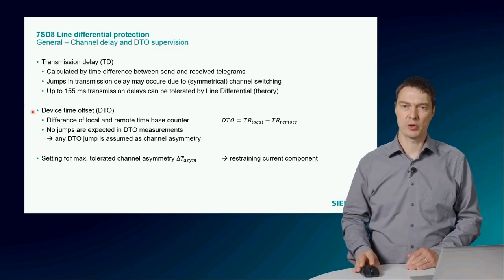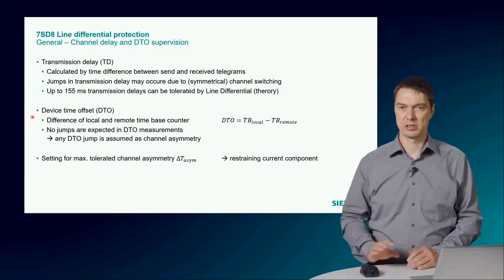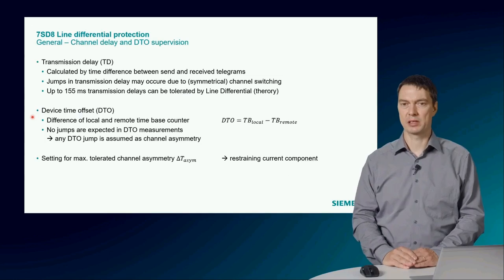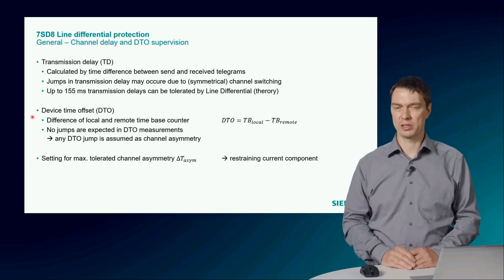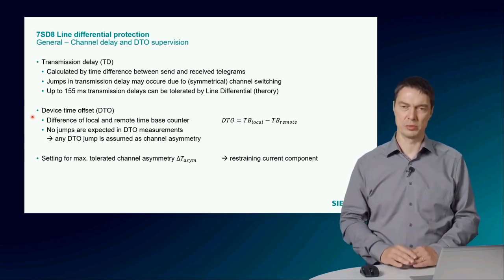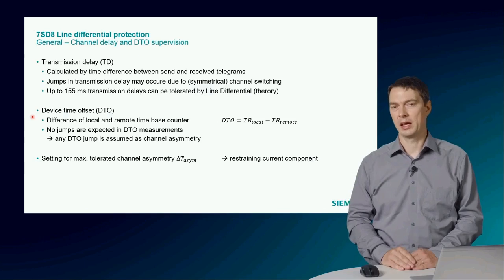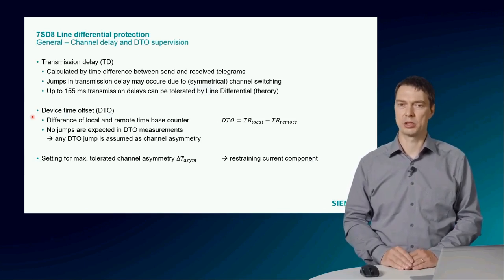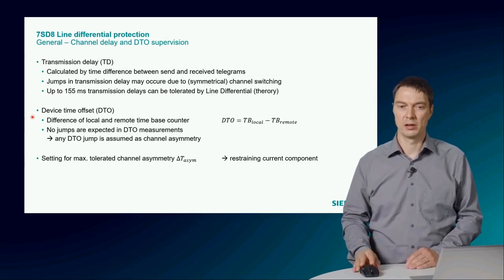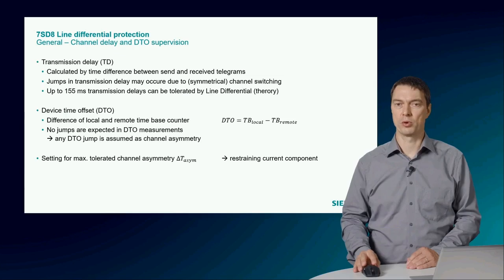The device time offset, DTO, as a difference of the time-based counters, is supervised also. Normally, we don't expect a jump in the device time offset because it's derived from the CPU frequencies. Any jump in the device time offset is assumed as an asymmetric channel delay. An alarm will be raised if such a jump occurs.